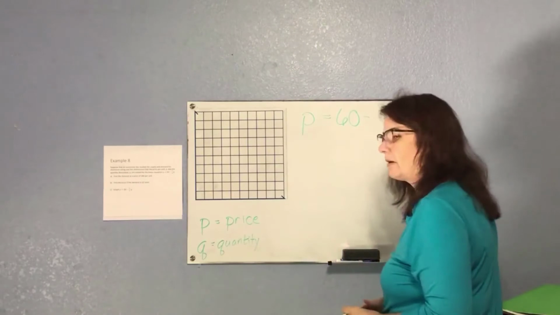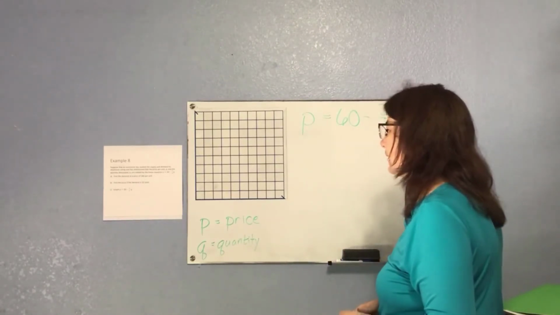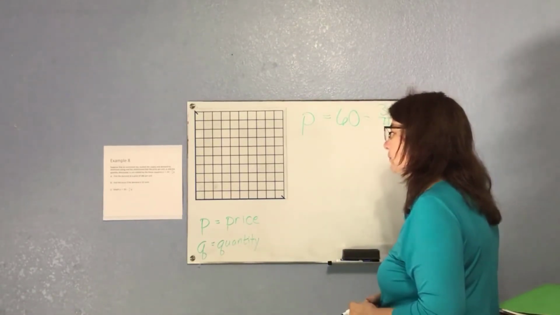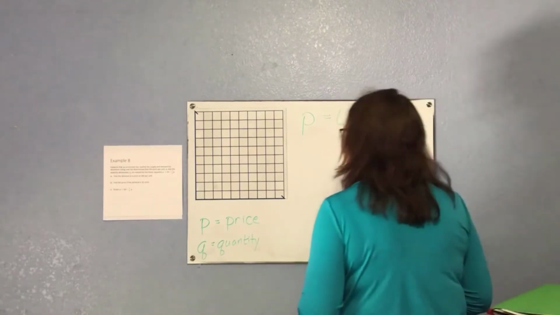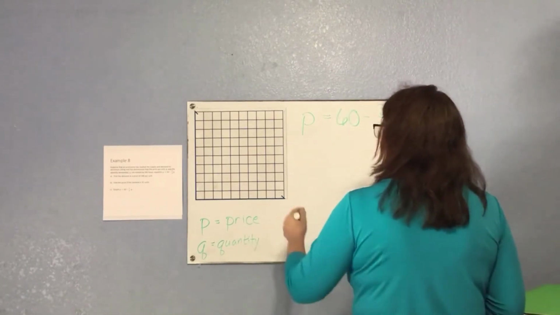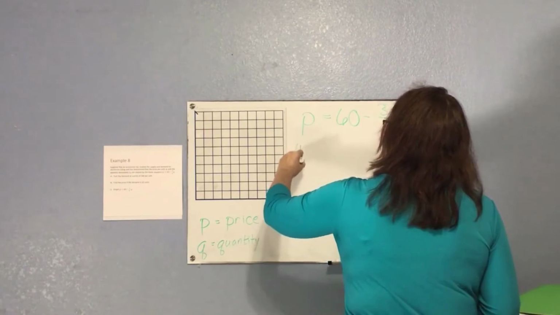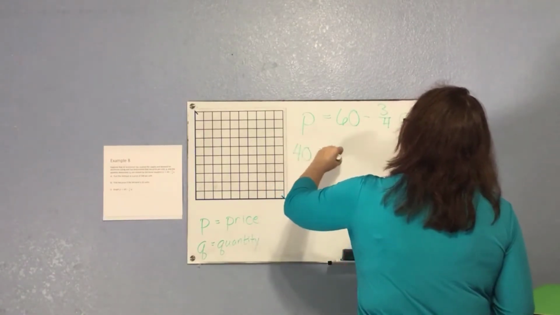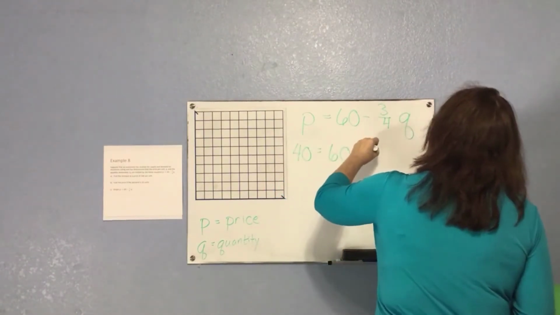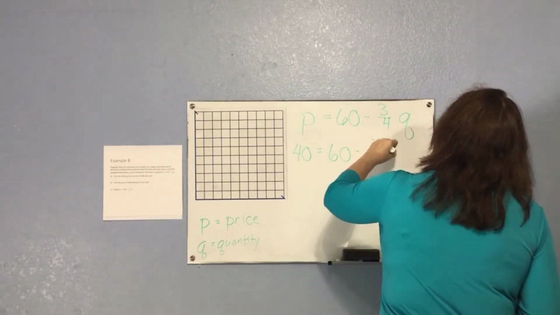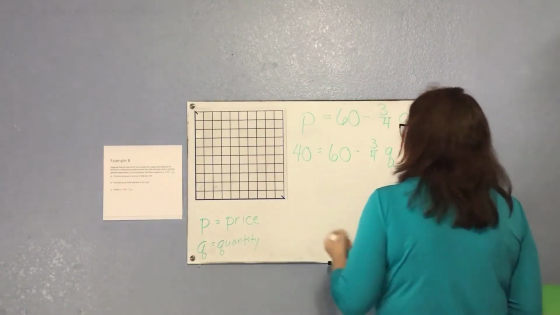Okay, and the first part of our question asks us to find the demand at a price of $40 per unit. So we're going to put 40 in the place of the P, 60 minus 3/4 Q, and then just solve this.